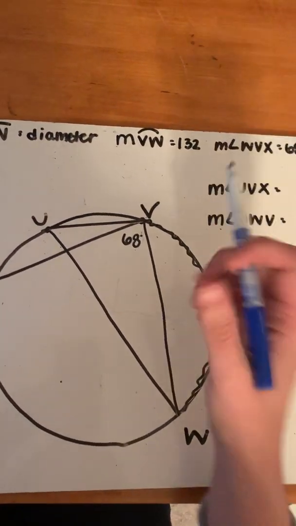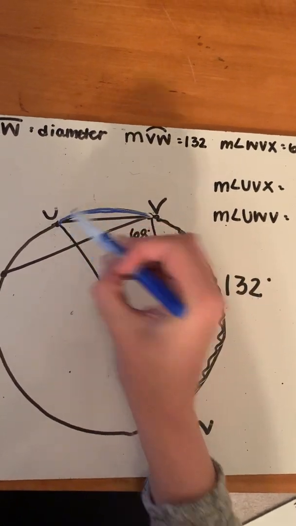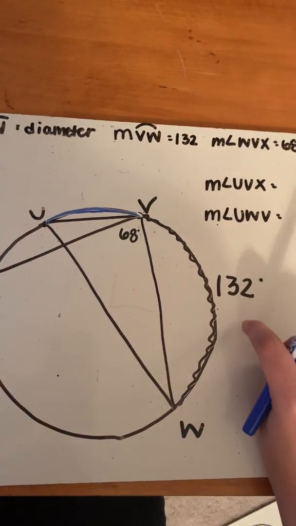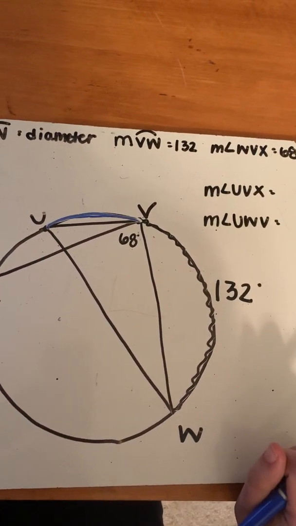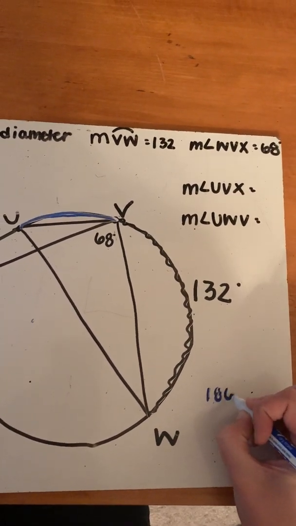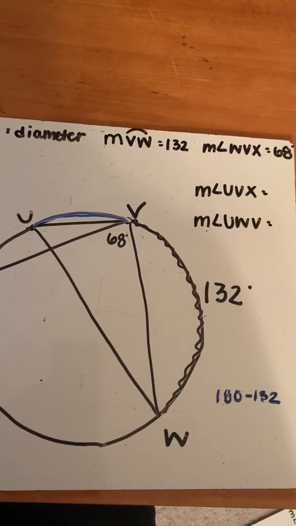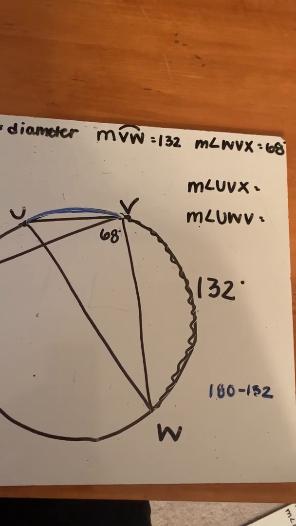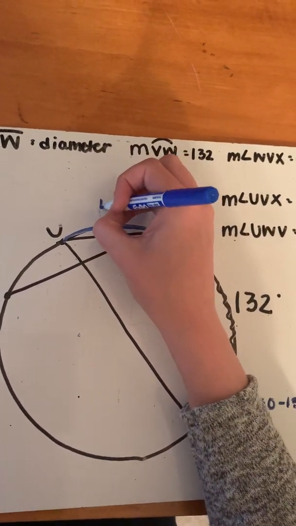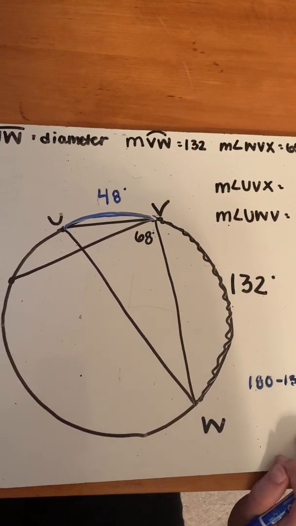Knowing that, we could find UW. We're going to do subtraction: 180 minus 132, and we get 48. So we know that arc is 48 degrees.